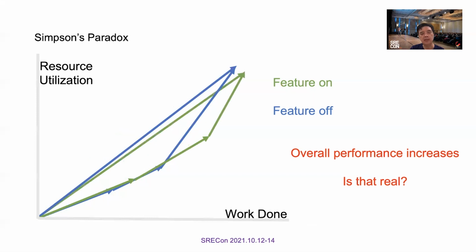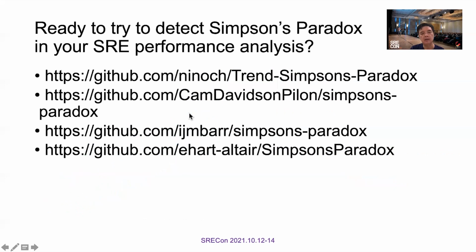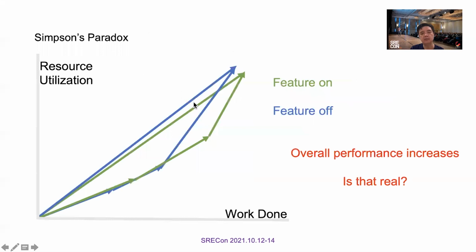But when you add them up, the resulting green vector, this line, has a lower slope than the blue line. So the reversed change can be expressed as the sum of the vectors by looking at the difference in the slopes. This is something worth checking for when you are analyzing performance data at scale.